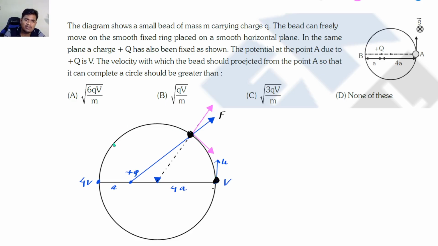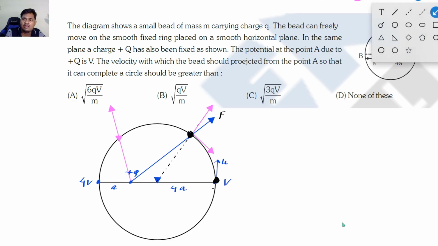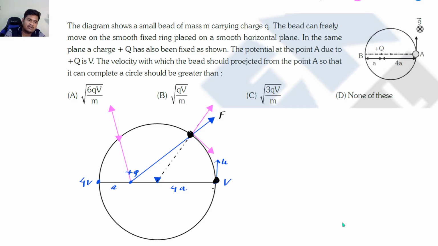If I show you another position, let's say at this point, now you will focus at this position. From this point, the force is like this way, and if I draw a line from the center along the radius, you can see that the force acting on it again has two components.